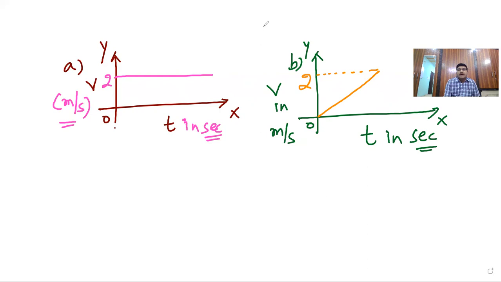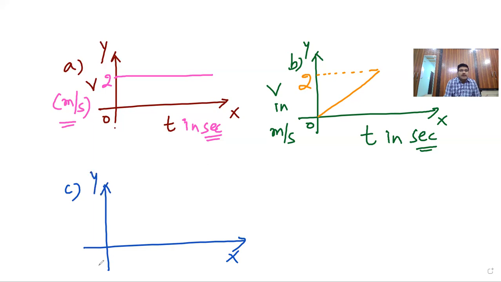Now, coming to option C. This is the x-axis, y-axis, origin, time in seconds, velocity v in meters per second. Clear?